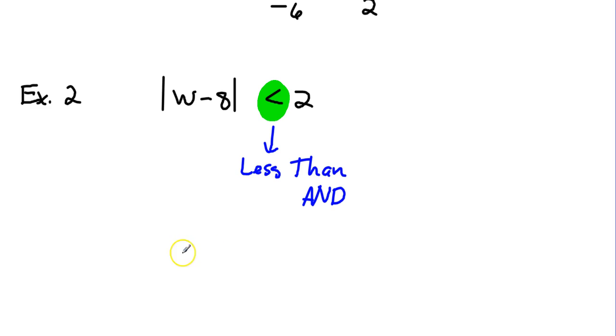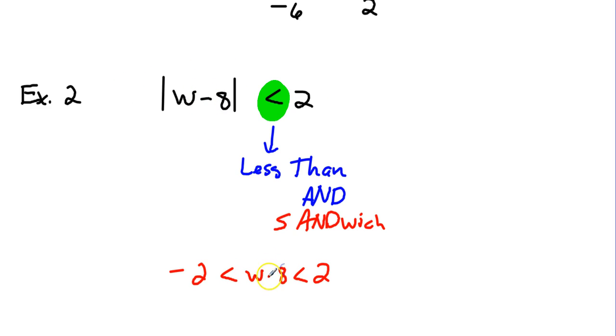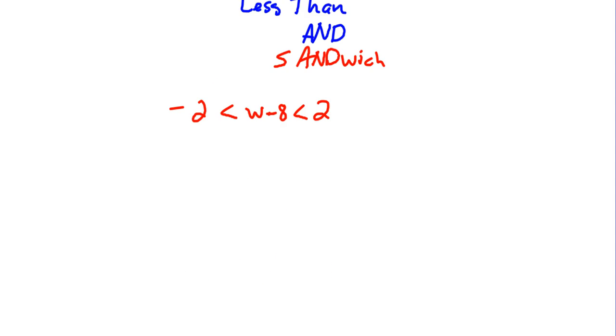So when you solve this one, you're going to sandwich this problem between +2 and -2. And then we're going to take this w minus 8 that's here, just put it right in the middle.